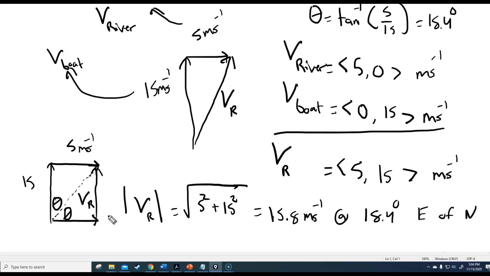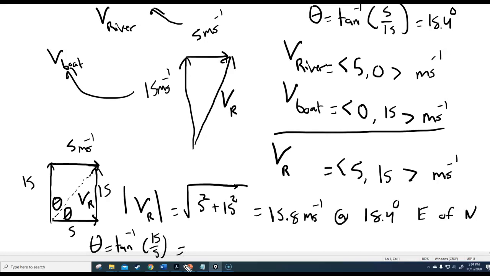Now, what if I had done inverse tangent of 15 over 5? In other words, what if I had gone with this bottom picture right here? Because for this bottom angle, the opposite side is 15, the adjacent side is 5, and so I also could have found that complementary angle by doing the inverse tangent of 15 over 5.